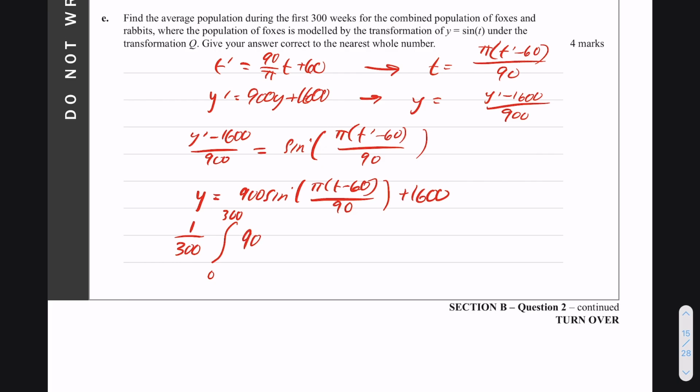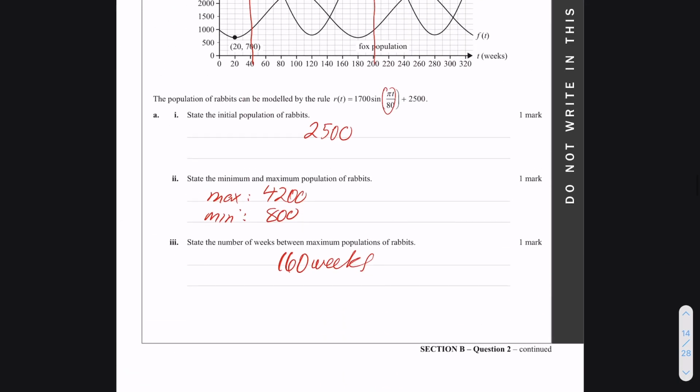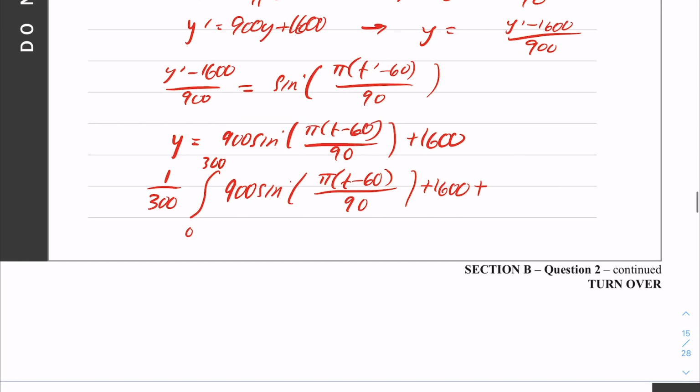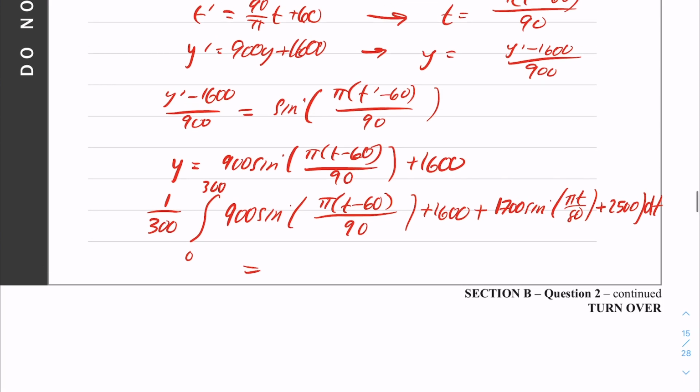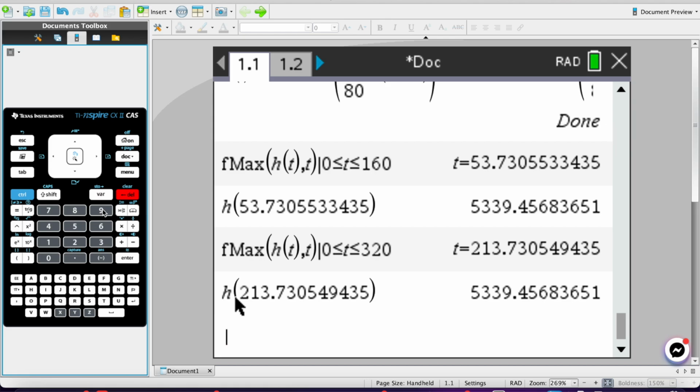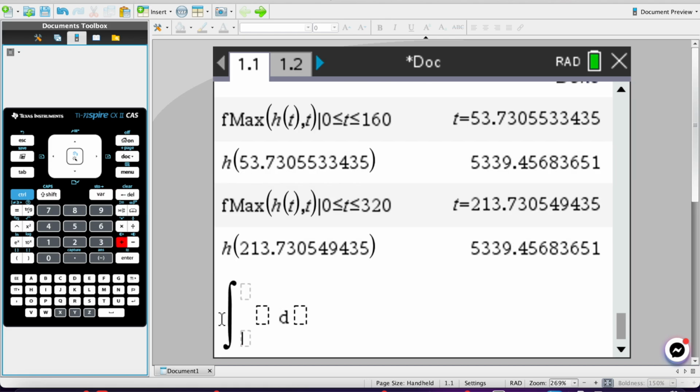So this is the foxes, plus the rabbit one, which was 1700 sine pi t over 80 plus 2500 dt, and that equals, to the nearest whole number. We've also got 1 over 300 on the outside.